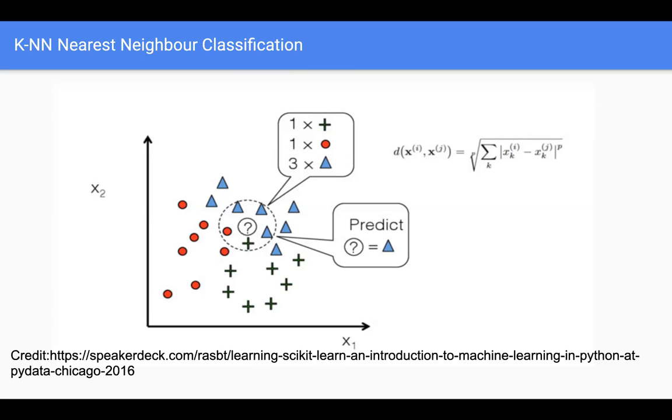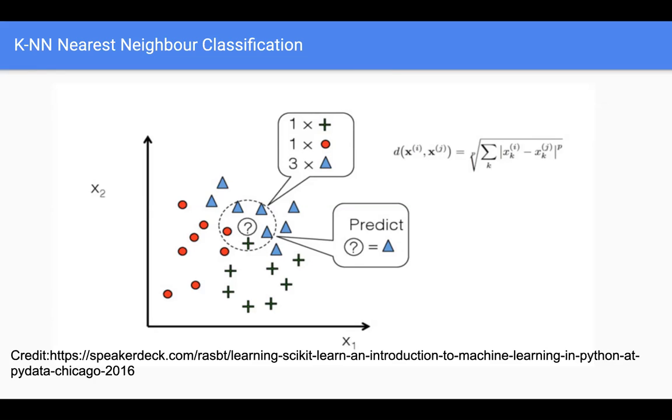for a given distance, we have these different classes that we identified. So we have three triangles and so on. What it does is identify the majority of points that are nearest to it. In this particular example, the majority of the categories that are closest to this question mark belong to triangle.